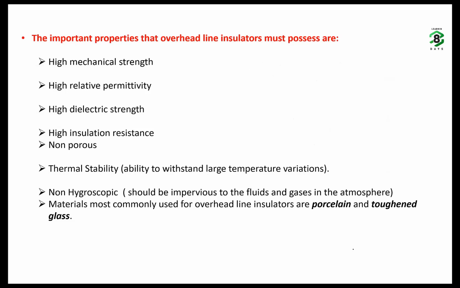So what are the desirable properties of any insulating material? Not only overhead, even the insulation used for underground cables should have the following desirable properties. It should have high mechanical strength, and high relative permittivity.